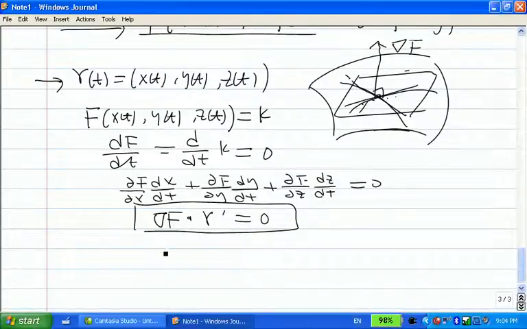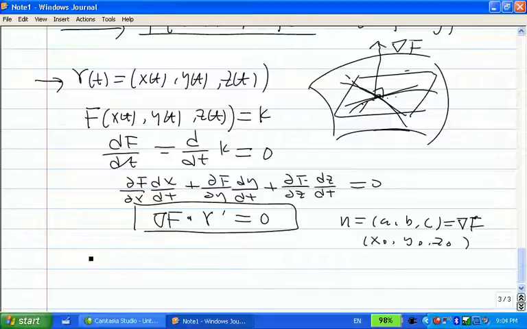Therefore, remember, to find the equation of the plane, we need to know what? N, which is (A, B, C). In this case, it is gradient F. And we also need to know a point on the plane, say (x0, y0, z0).